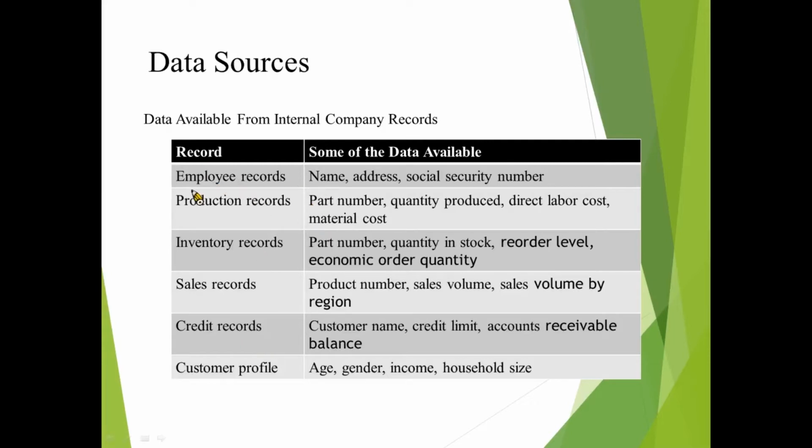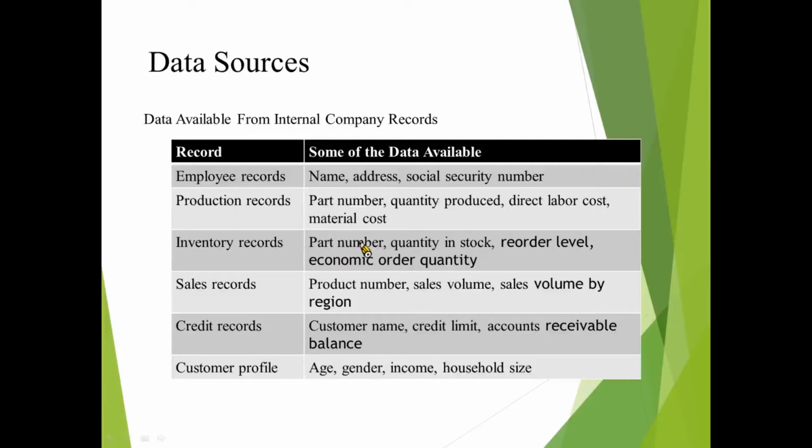You can see the employee record. For the employee record you can collect the name, address, maybe the ID number. The second one, production record: part number, quantity produced, the labor cost, and the material cost. If you do a questionnaire, or you find data, this is the main data we will collect.